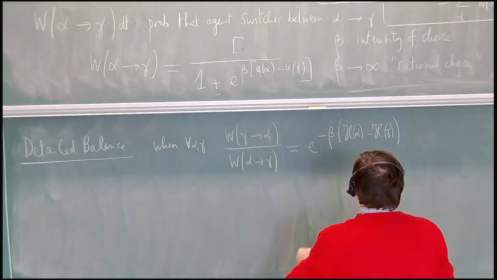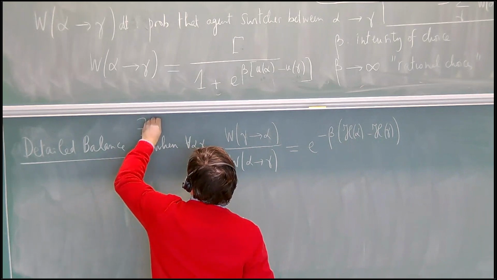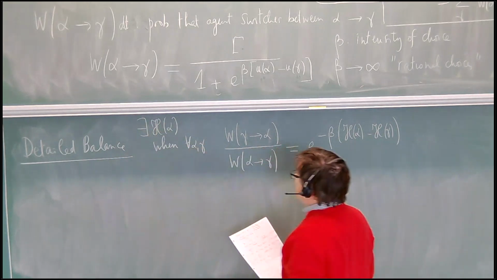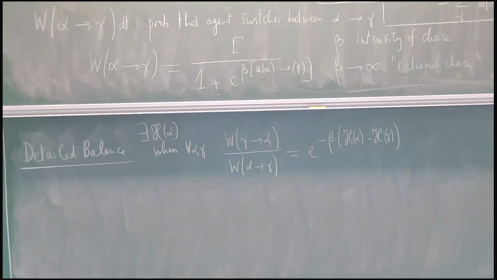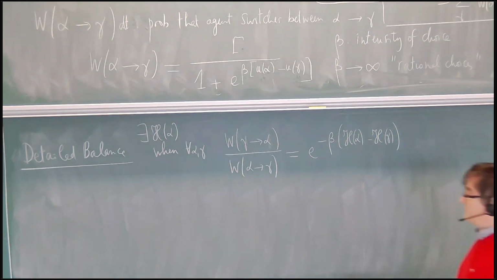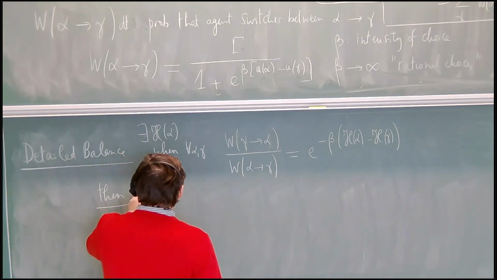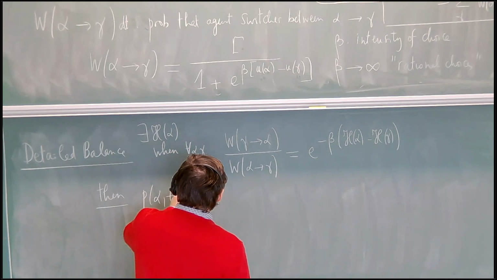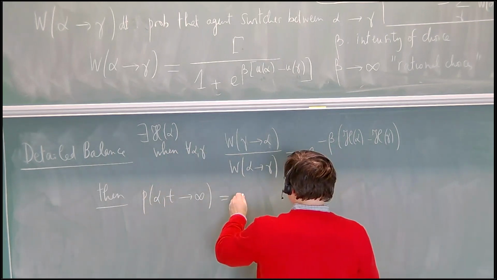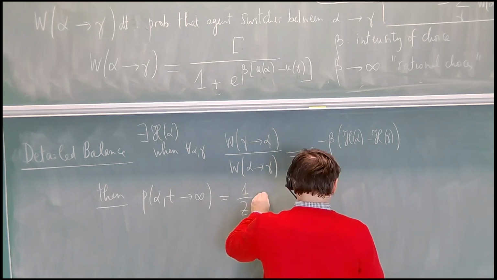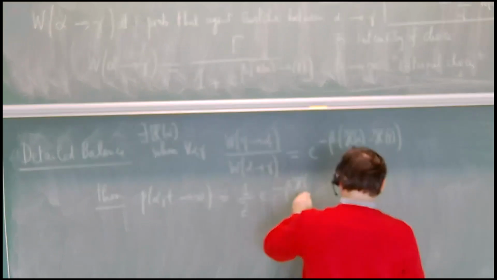So there exists a certain function h of alpha such that if this is true for all pairs alpha gamma, then p of alpha t, when t goes to infinity, is given by the Boltzmann weight, which is 1 over the partition function times exponential of minus beta h of alpha.